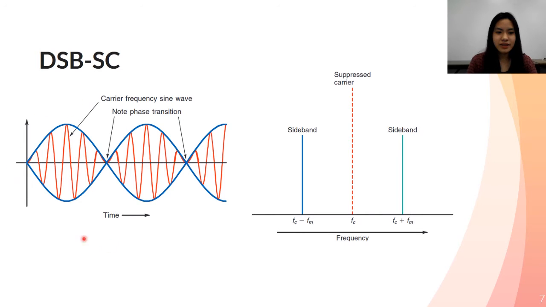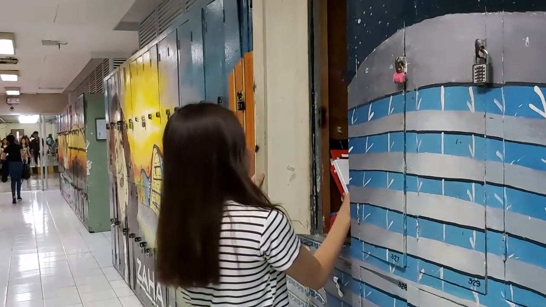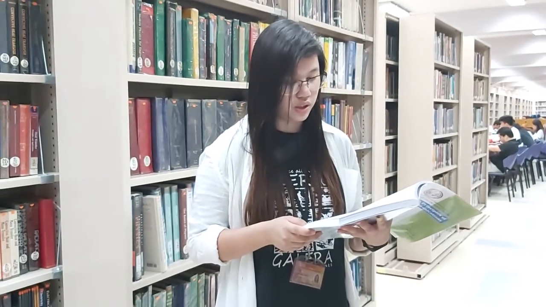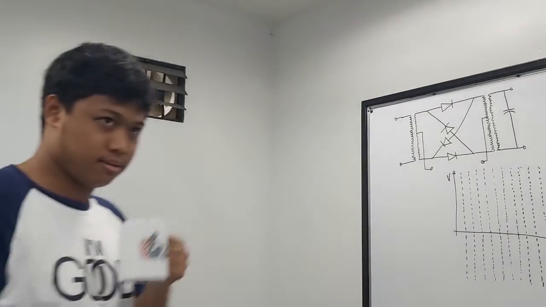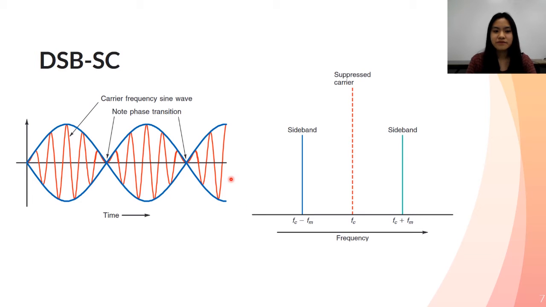In the time domain on the left, note that there are two adjacent positive going half cycles at the null points in the wave.